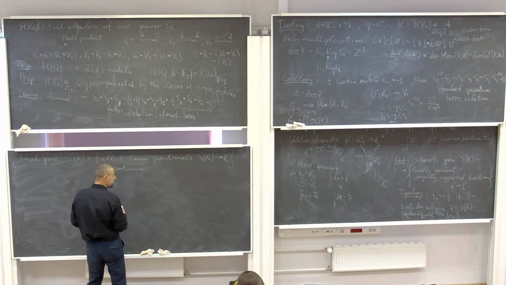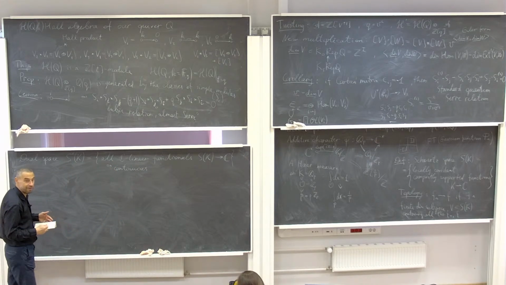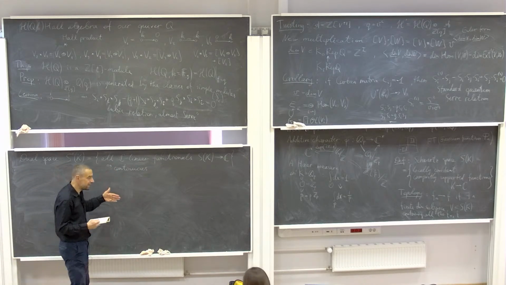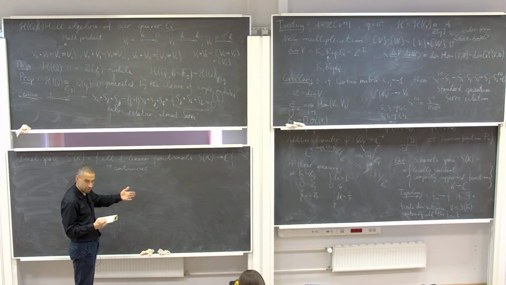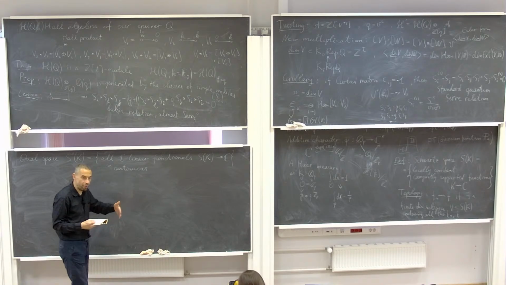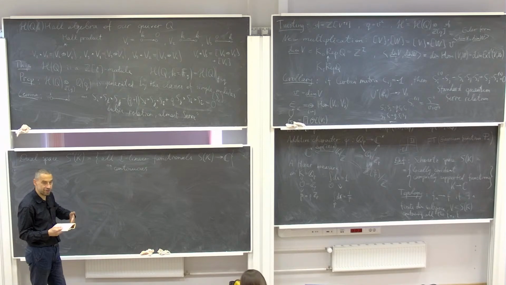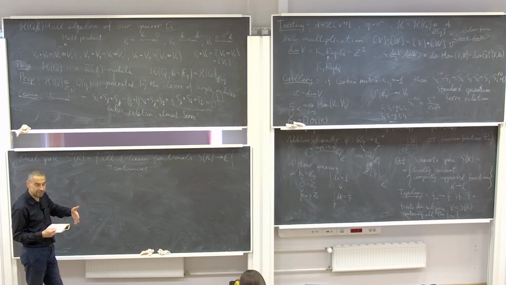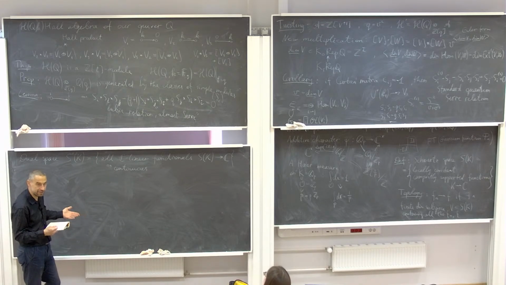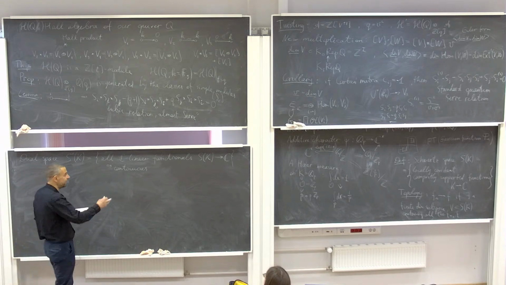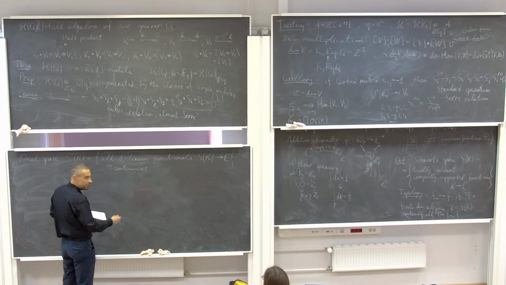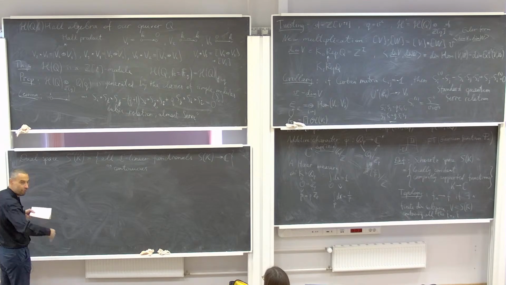Usually in functional analysis, you have some space of test functions with some topology, and then you consider all the continuous functionals on this space. These are distributions or generalized functions. Here this topology is so primitive that all the functionals are necessarily continuous.